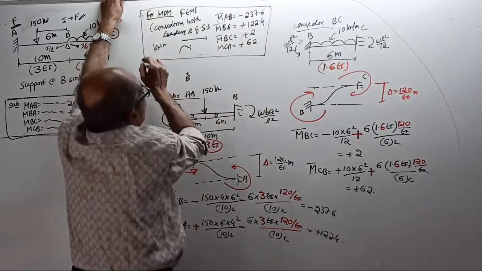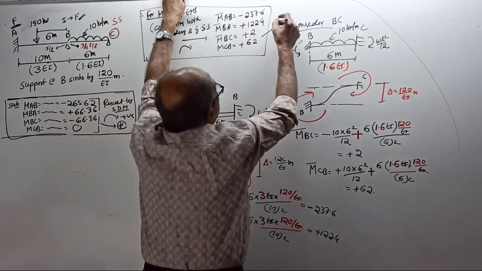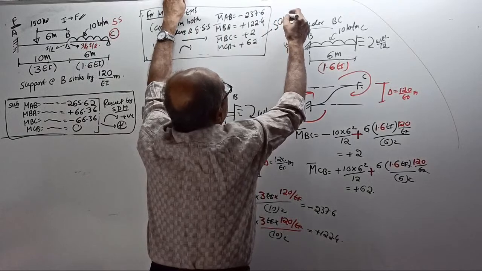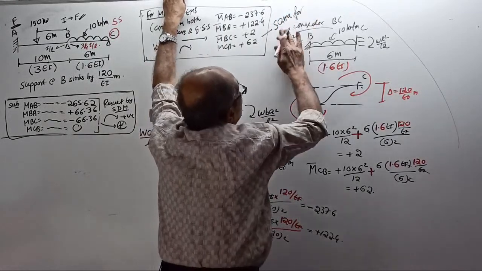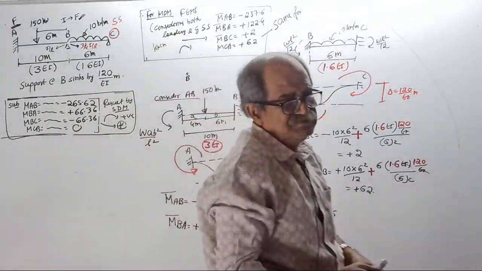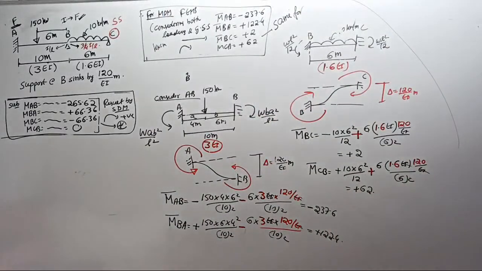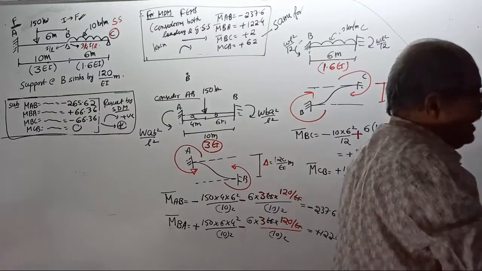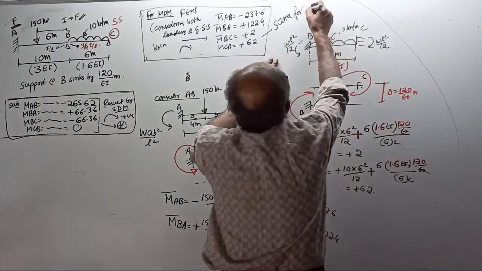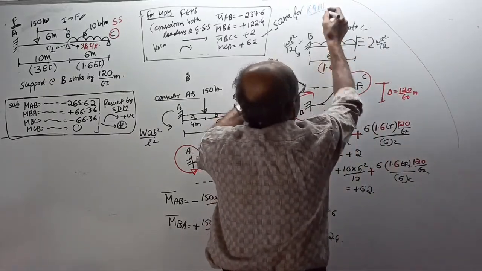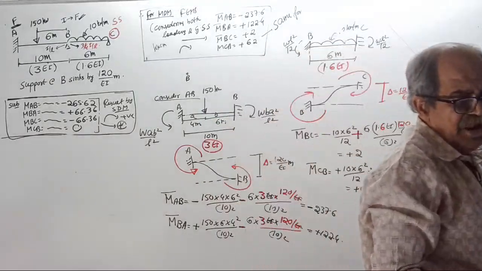Fully clear? And write a note: same for which one? Tell me, same for which method? Don't waste time. Same FPM for Carney's method. Here we will save the time. Same for Carney's method also. Therefore, remember, make a note.